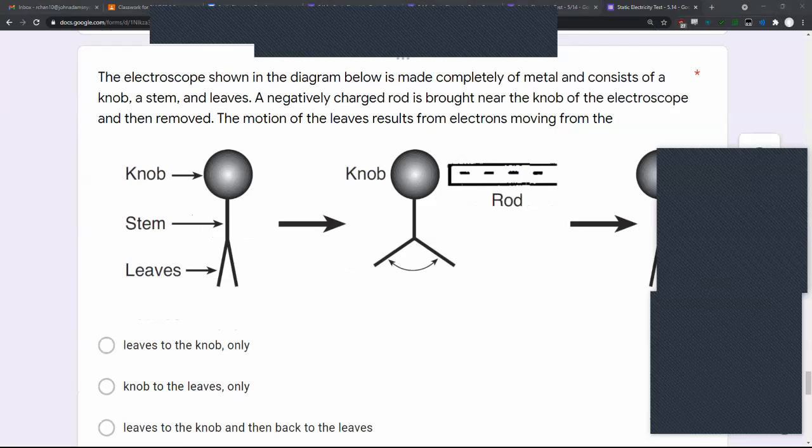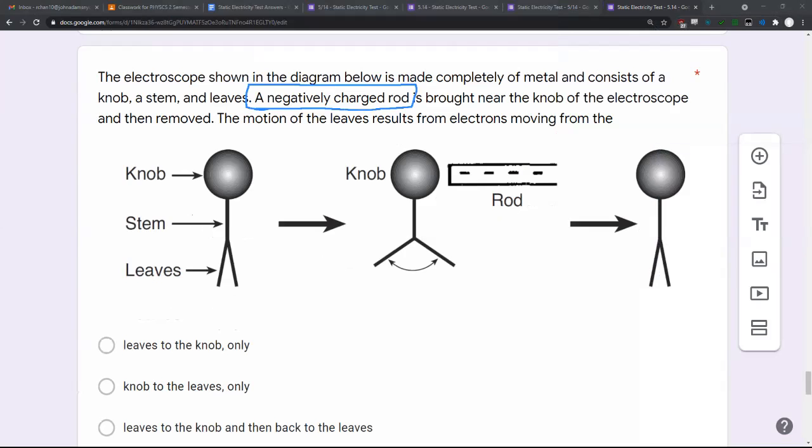Number 10. So you have an electroscope. It's made out of metal, so you have a knob, stem, leaves. And then the problem says you bring a negatively charged rod near the knob of the electroscope, and then you remove it.